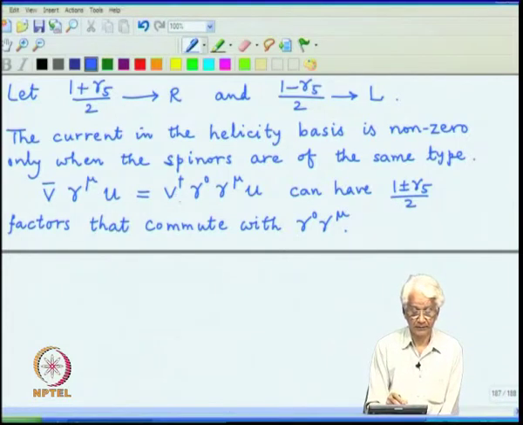And so, if there is a 1 plus gamma 5 by 2 operating on u, it again has to be 1 plus gamma 5 by 2 operating on v.